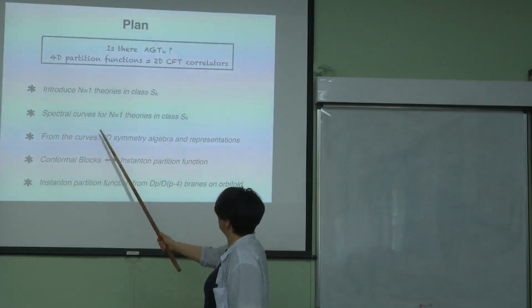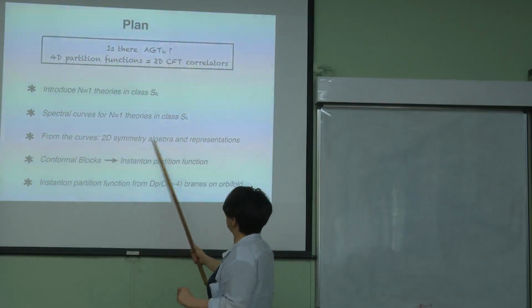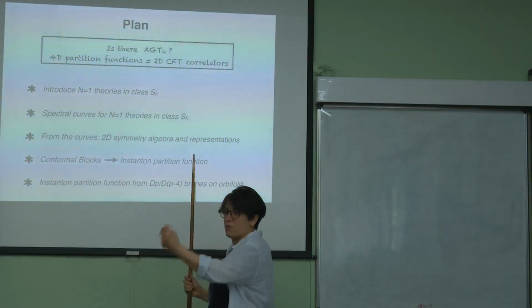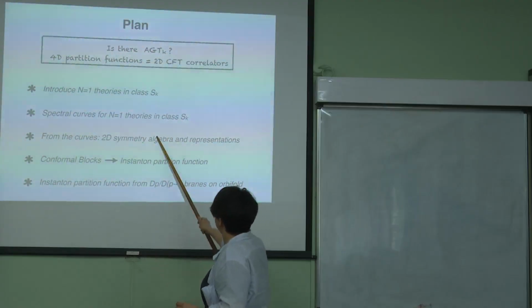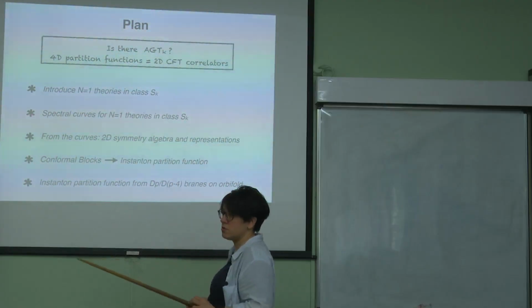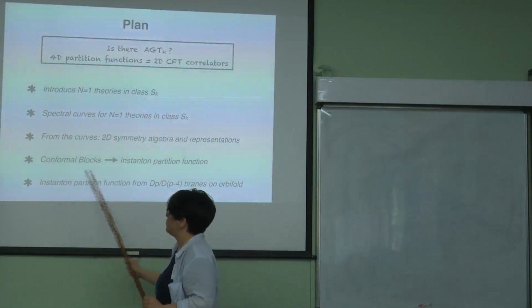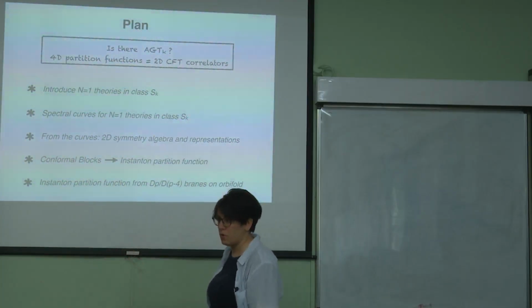So by looking at the coefficients of the curve, I will start guessing what is the symmetry algebra and what are the representations in which our vertex operators should live. And the moment I have symmetry algebra and representations, I will basically just be able to immediately write down conformal blocks.